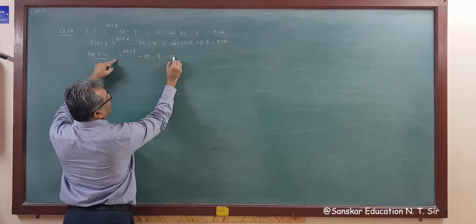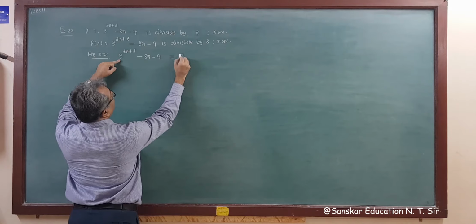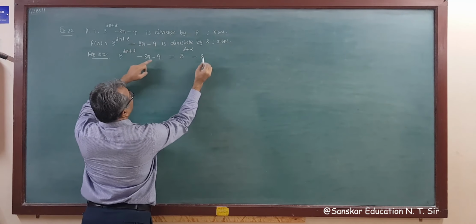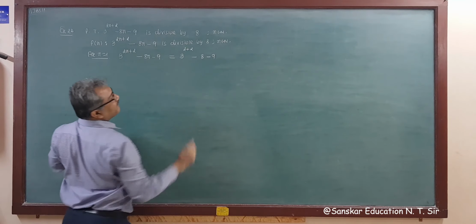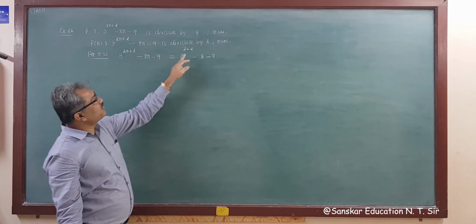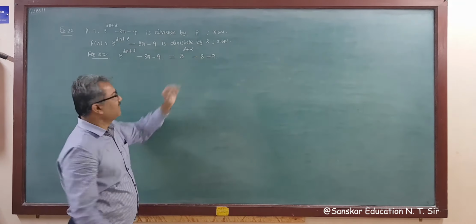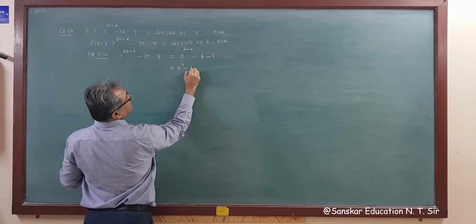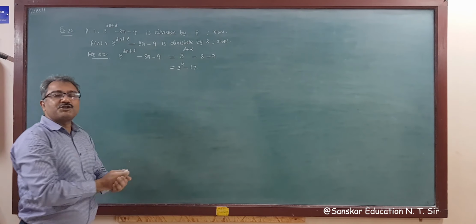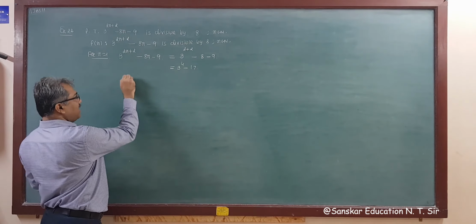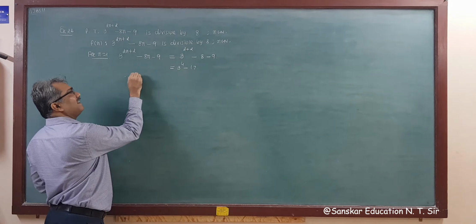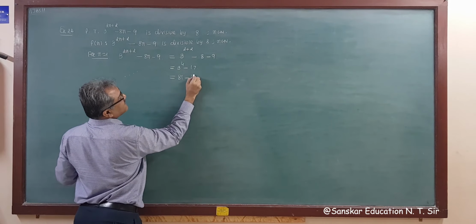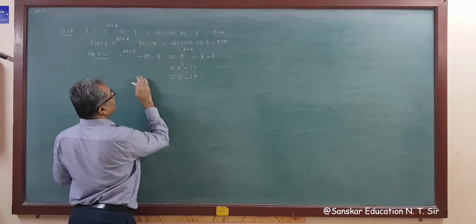Now if we substitute n equal to 1, what do we get? 3 raised to 2 plus 2 minus 8 and minus 9. So now 3 raised to 2 plus 2 is 4, right? So this is 3 raised to 4 minus 17. 3 raised to 4 is 3 into 3, 9, 27, 81, minus 17.